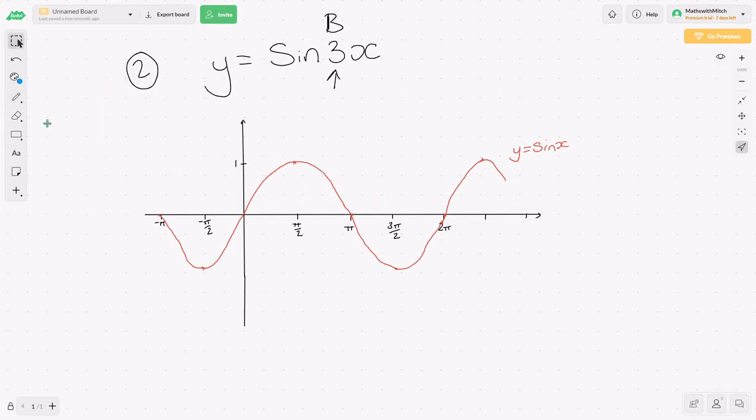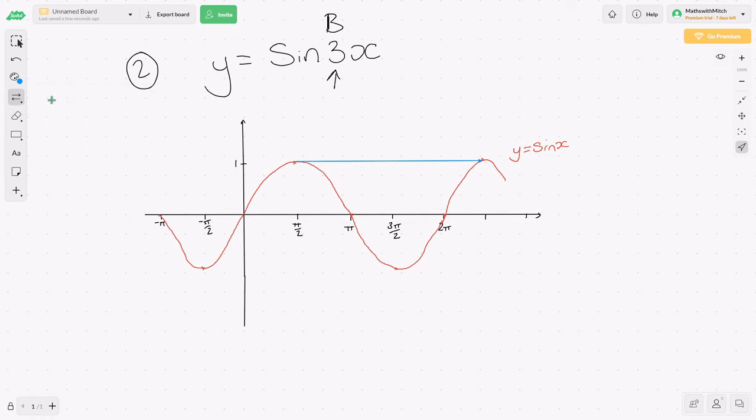The period of a graph is the time it takes to do one complete cycle. You could measure that from the point at which it crosses here to where it crosses back, or a more common method is peak to peak. That's the time it's taken to do a full cycle of the graph.